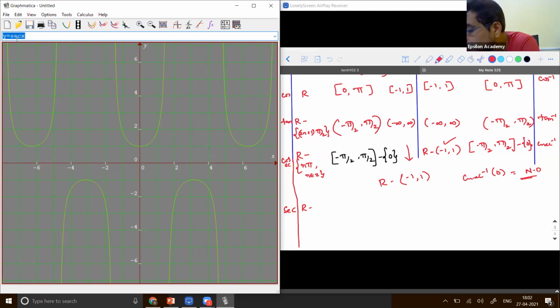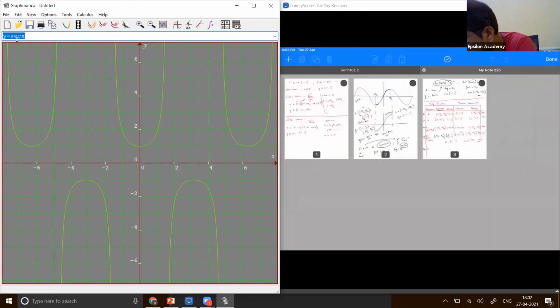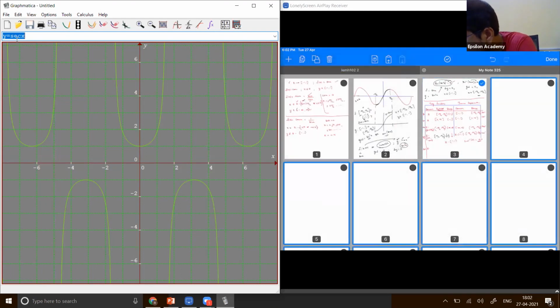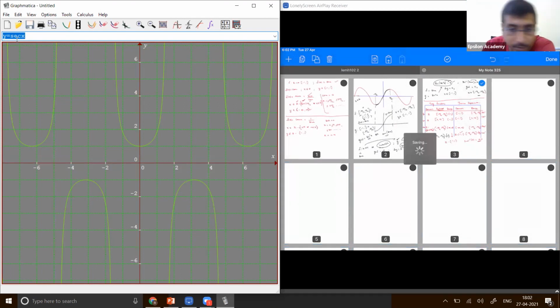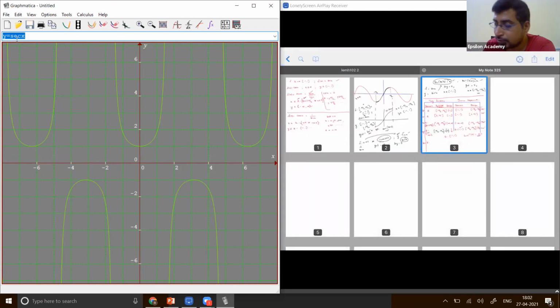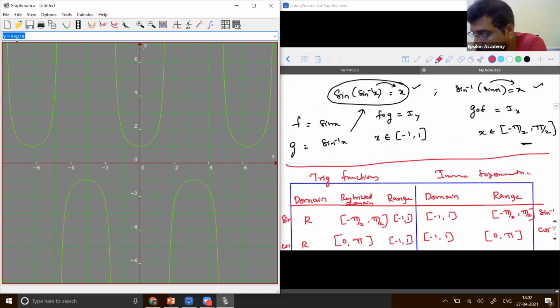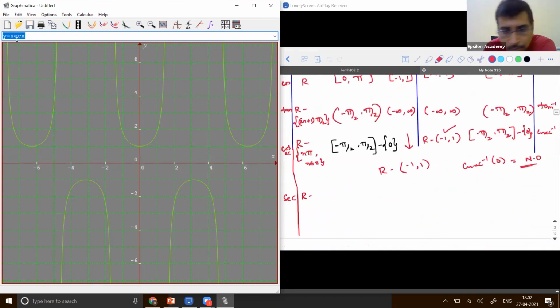Secant x is 1 by cos x. So you can substitute any real number except the values where cos x will generate 0. When will cos x generate 0? Same as tan. So you can substitute any real number except (2n plus 1) into pi by 2.